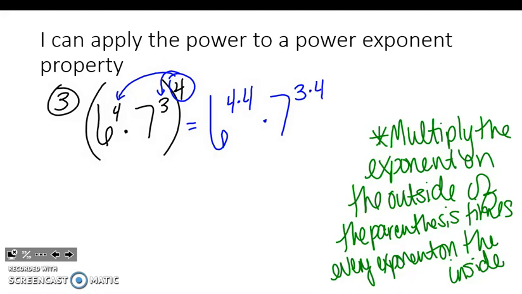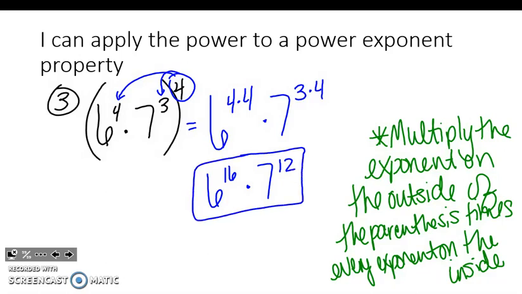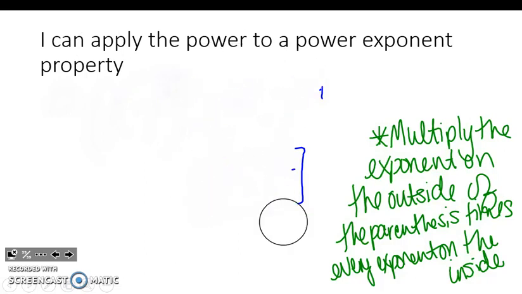Okay, that's going to help us get rid of our parentheses. So we get 6 to the 16th times 3 to the 28th. So it's just like distributive property, except it's using exponents instead of the whole number that's on the outside.